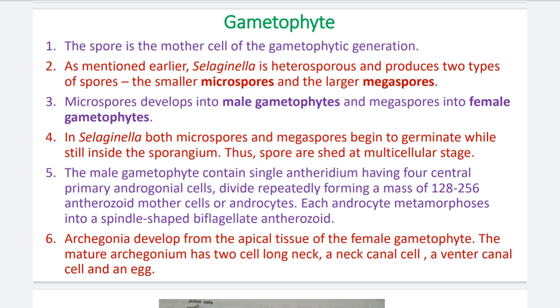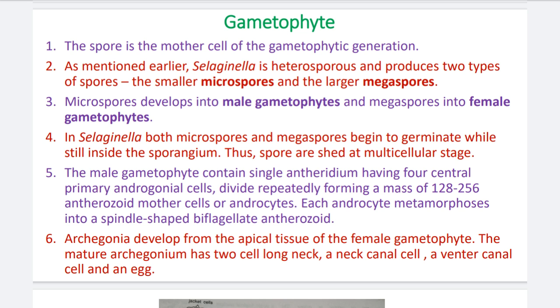Suppose a microspore germinates, it produces the male gametophyte. A megaspore germinates, that is the female gametophyte. So in pteridophytes, the spore is always the mother cell of the gametophytic generation.